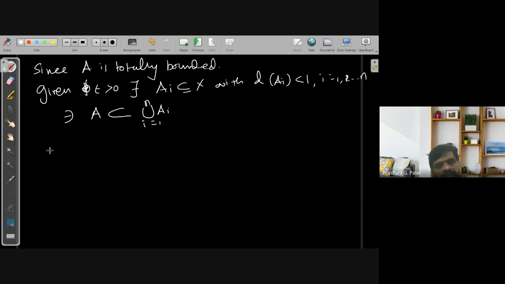Now this x_n is in A, which implies that x_n is in the union of these A_i.